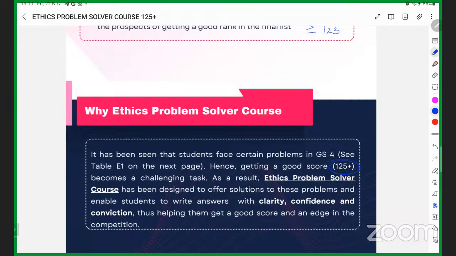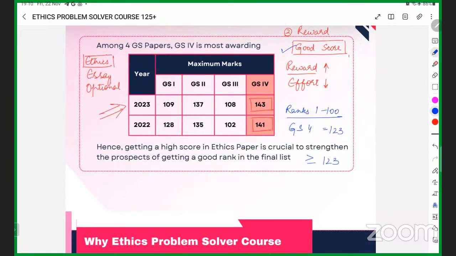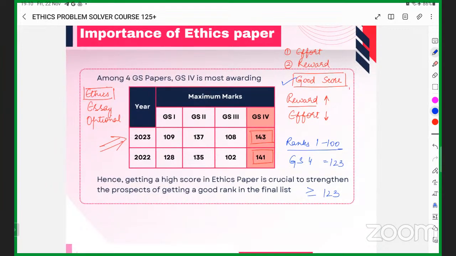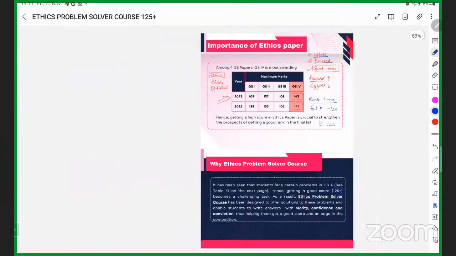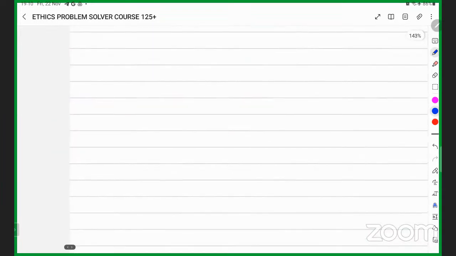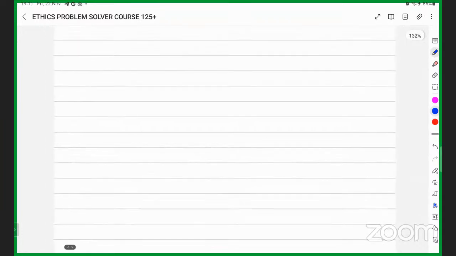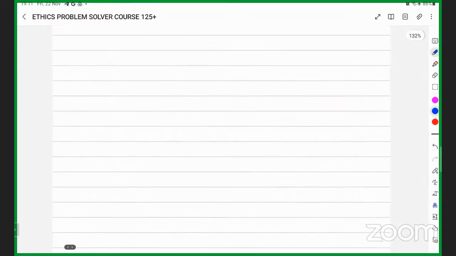Now moving forward, there could be another question: if this paper requires less effort and the reward here is high, why do not a lot of people score more than 125? The answer to this is that there are basically three problems that students face when it comes to ethics preparation. And those three problems are the main reasons which hinder you from getting past 125.